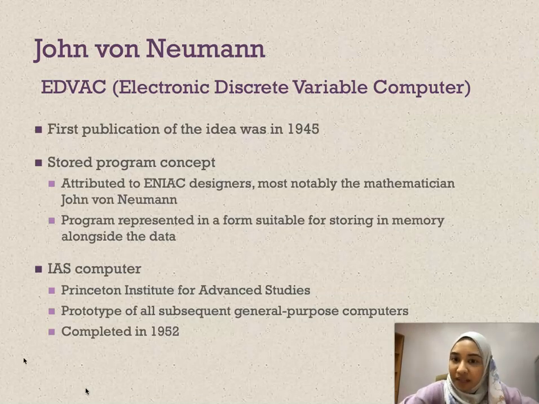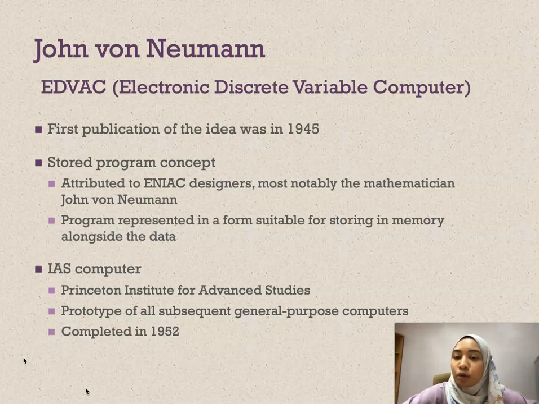After the ENIAC came the EDVAC, the electronic discrete variable computer. The great thing about EDVAC as compared to ENIAC was that it was able to store programs. That was great news, right?